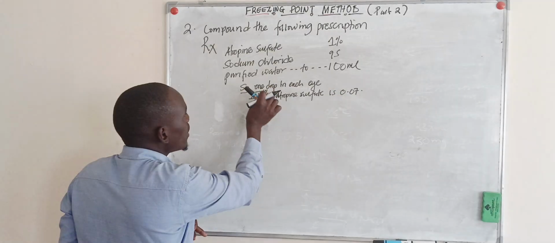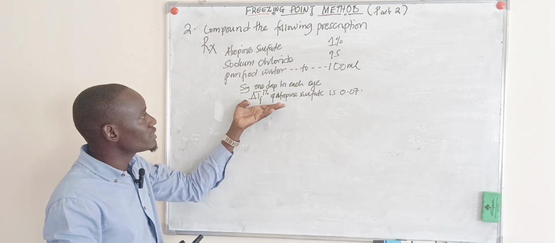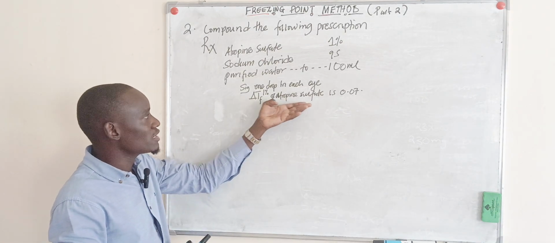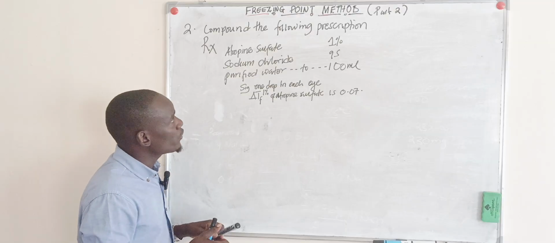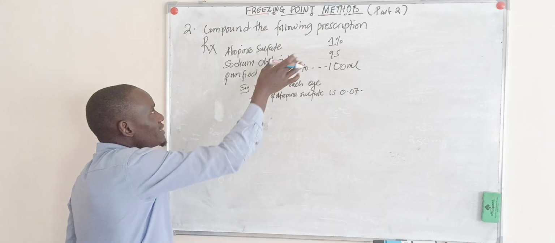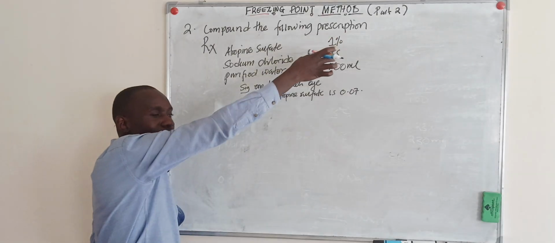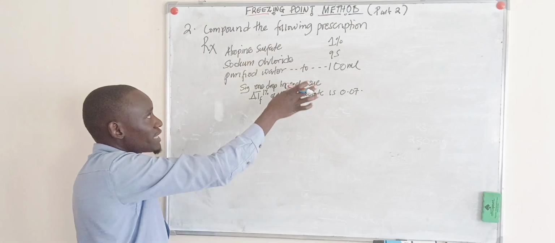Sig: 1 drop in each eye. They have also given us the freezing point depression of the 1% solution of atropine sulfate. Just like we did in the first example, you realize that they have given us the freezing point depression of the 1% solution of atropine sulfate.